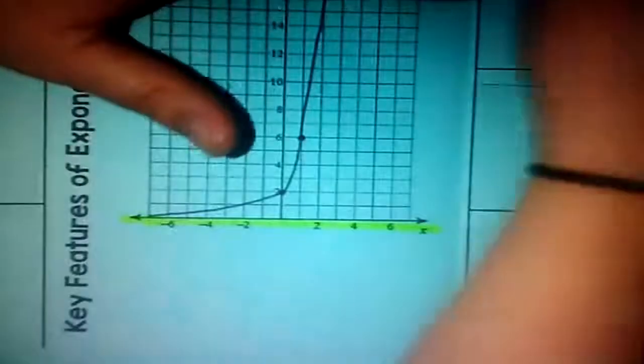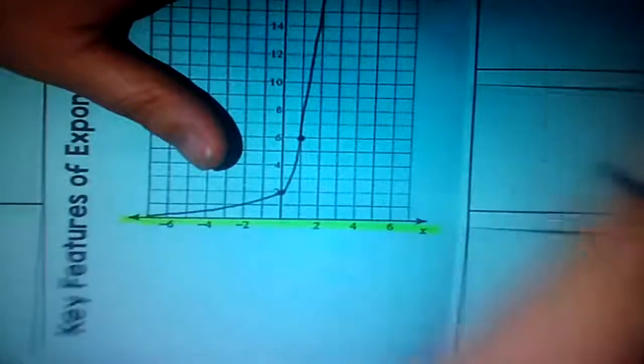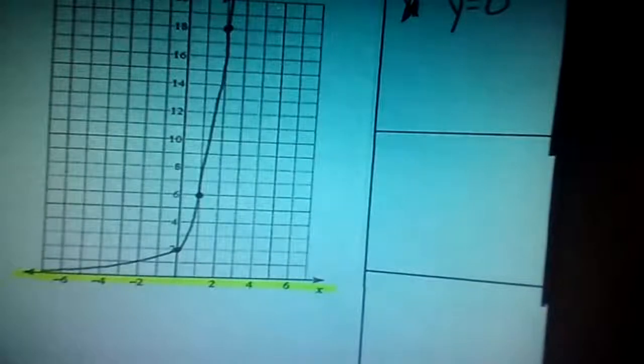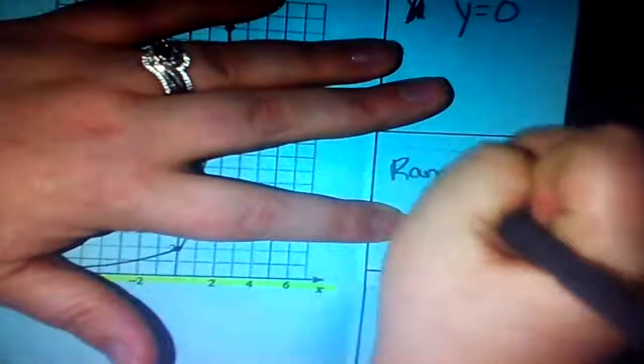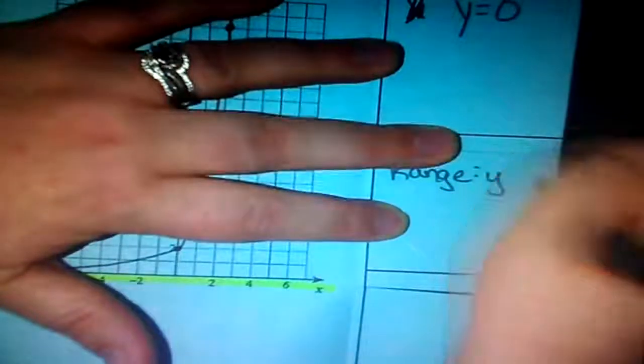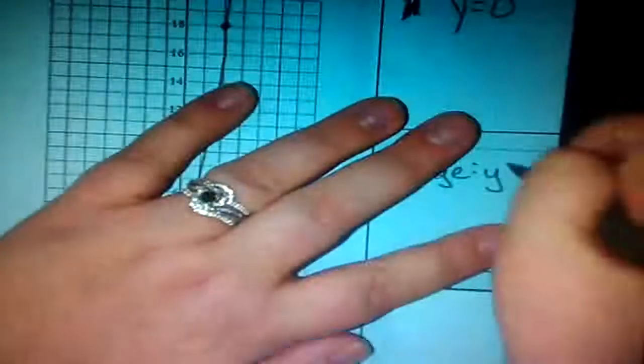So my asymptote is at y equals 0. Because we now know our horizontal asymptote, you can tell me what the range is. Should my range be greater than 0 or less than 0? Greater than 0. It's above.